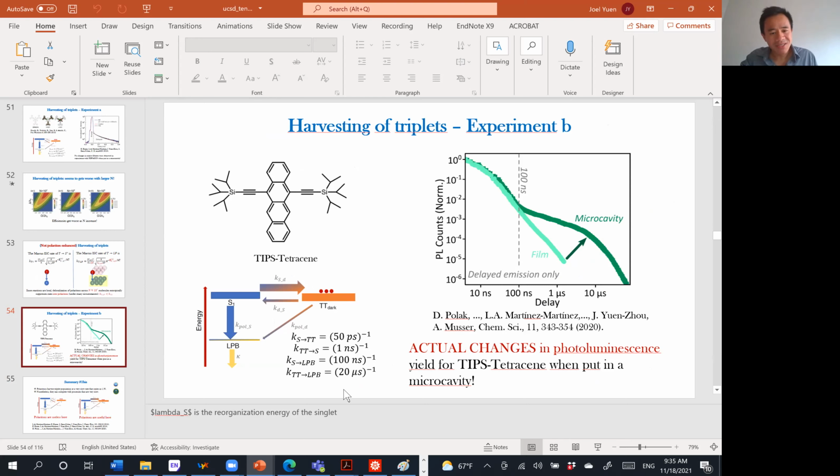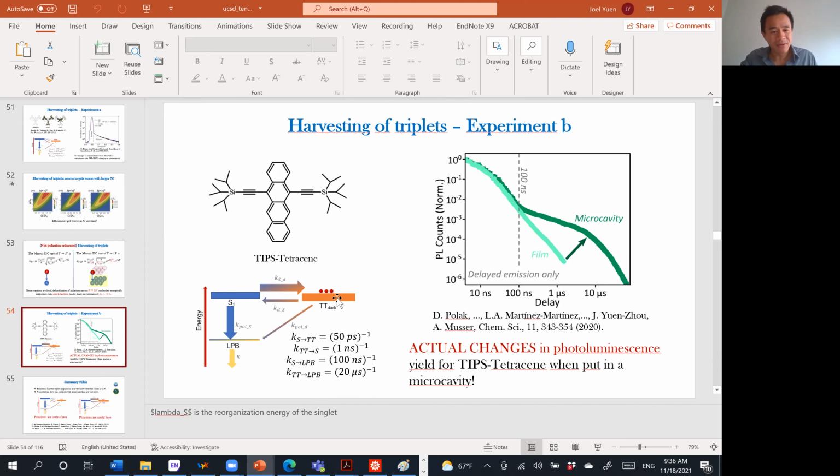And what we realized is that despite the rate going from this dark manifold to the lower polariton branch directly being extremely slow, 20 microseconds, so it's a bit faster than the previous one, the kinetics matter, because the population is trapped so efficiently in this process, because there's a very fast rate of conversion of singlet to triplet.